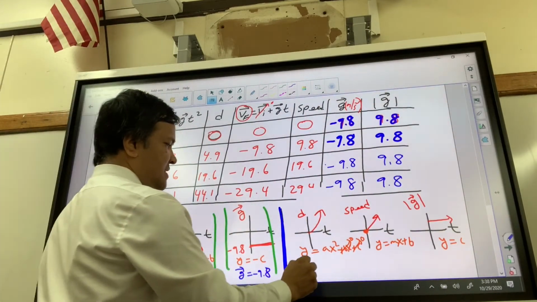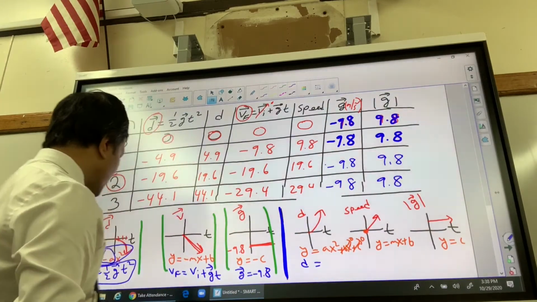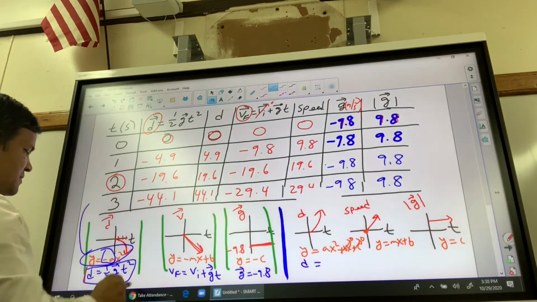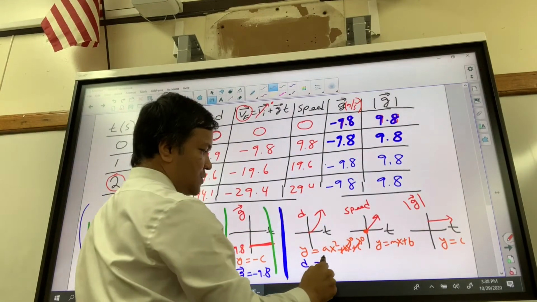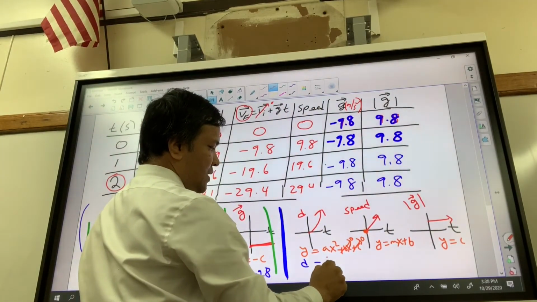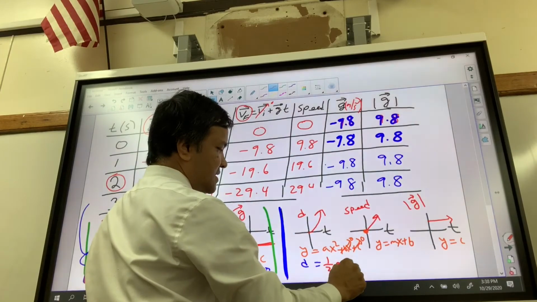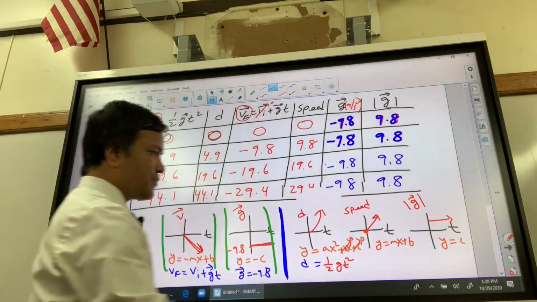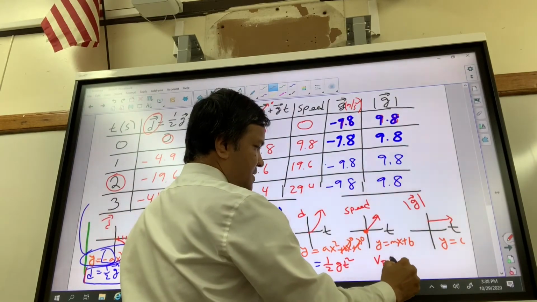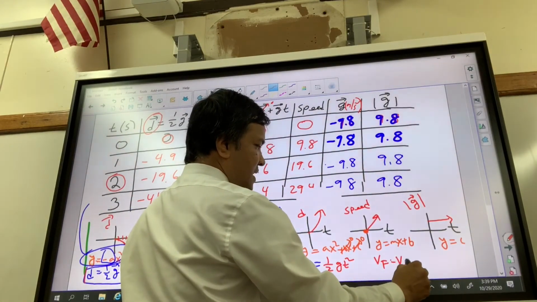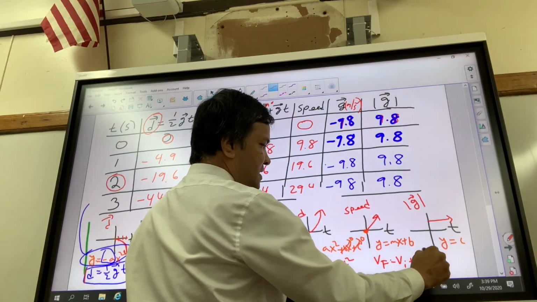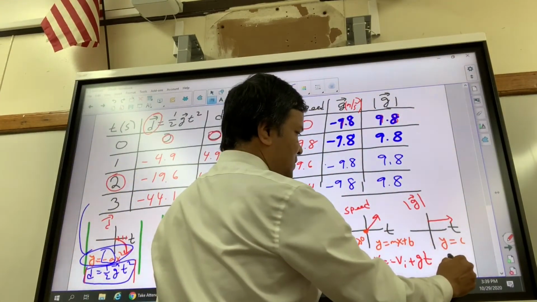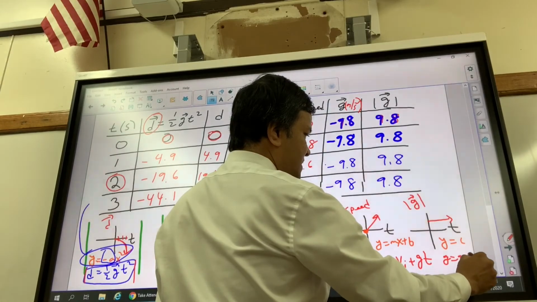So d is equal to the absolute value of this: d is equal to half g t squared, and v_f is equal to v_i plus g t. And the absolute value of the acceleration is g equal to 9.8.